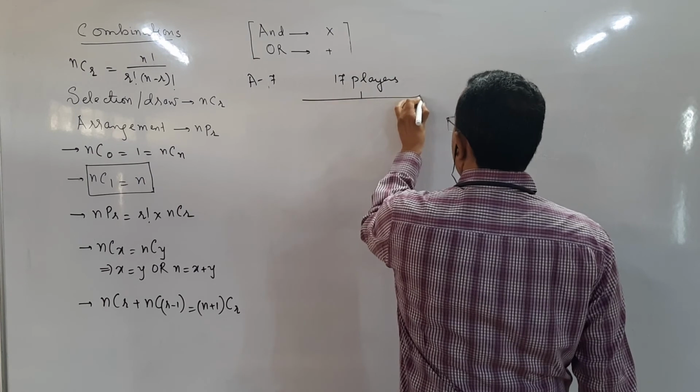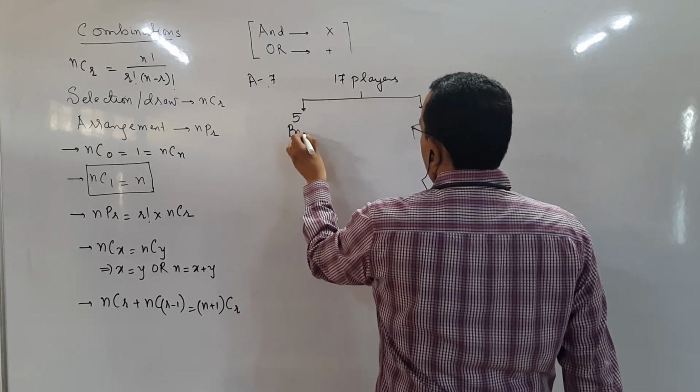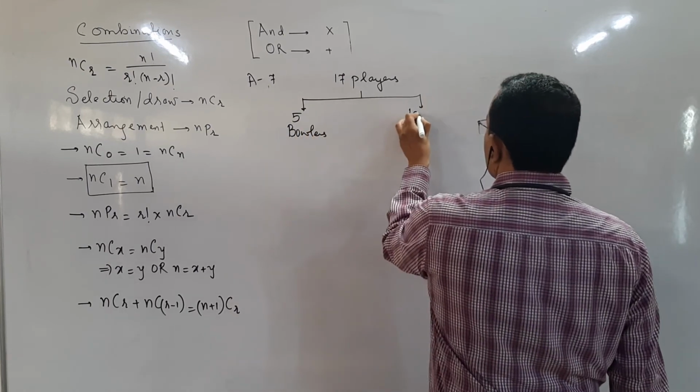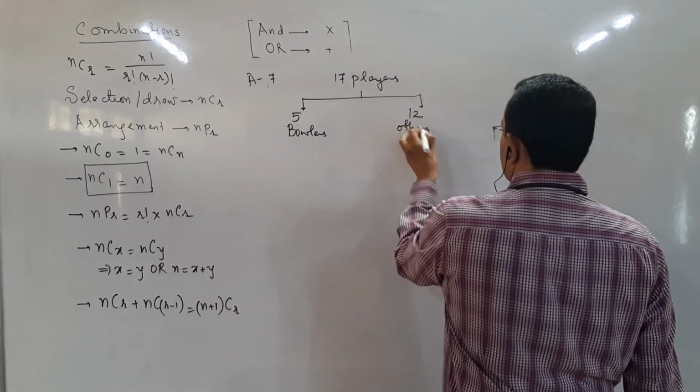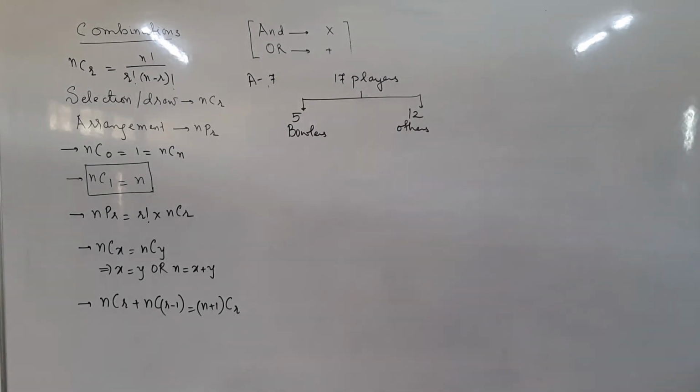And out of 17, exactly 5 are bowlers and 12 others. For these 12, we don't have any instructions. They can be batsmen, all-rounders, fielders, wicket keepers, we don't know. So for other players, we do not have any instruction.